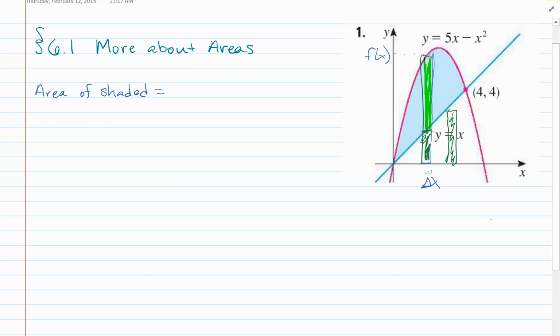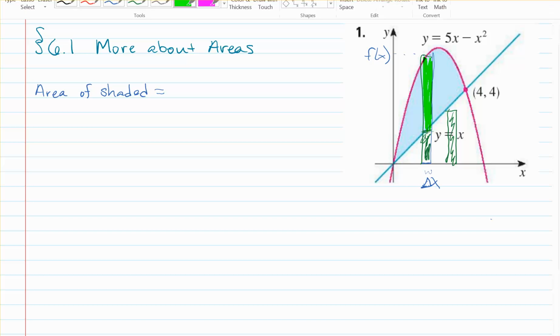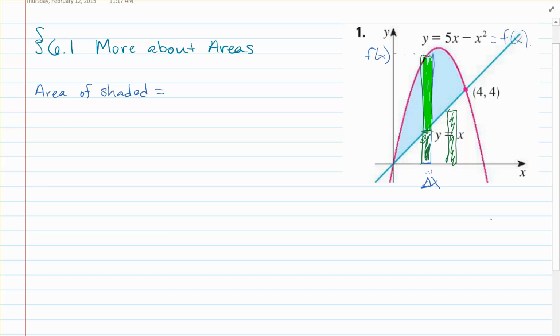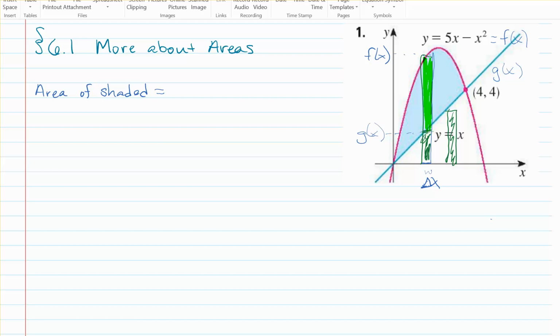This rectangle, the one that goes from a height, let's say this curve is f of x up here, and the y equals x curve is g of x. I want the difference between f of x and g of x, which is a subtraction, right?